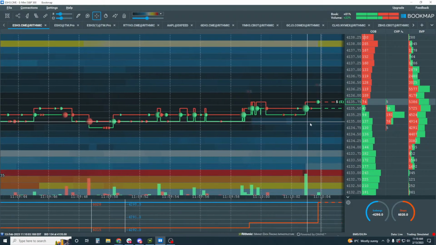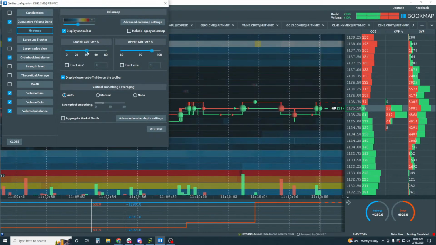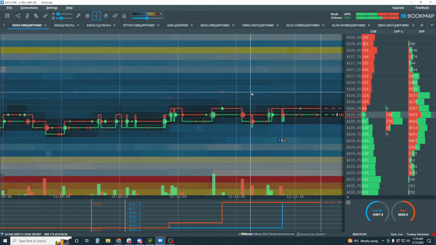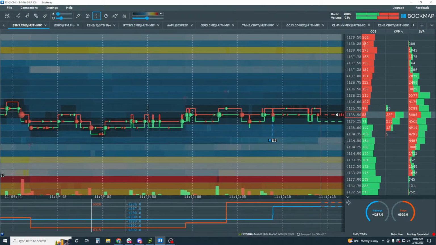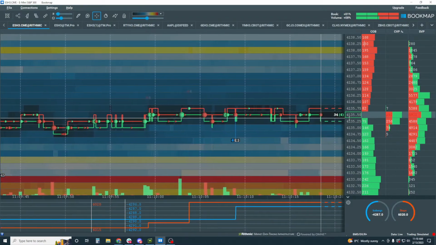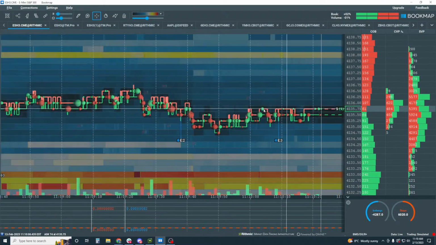Now see them add a little bit more in here. Let's just kind of change the heat map settings a bit. Yeah, try to get an understanding here. Boy, guys, it's right in the middle of this volume.